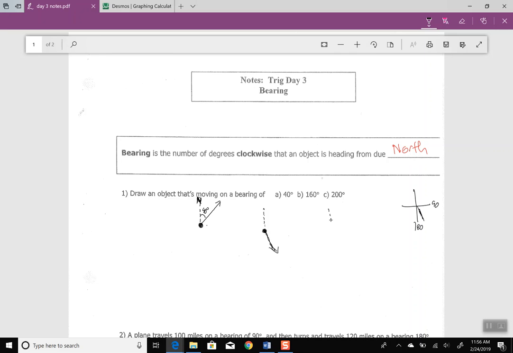So 200 would be heading in a direction somewhat like that, and we would say that is 200 degrees clockwise from due north, give or take. Those are the directions you're heading.